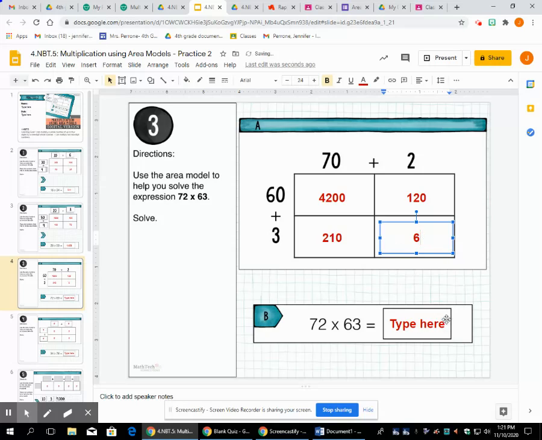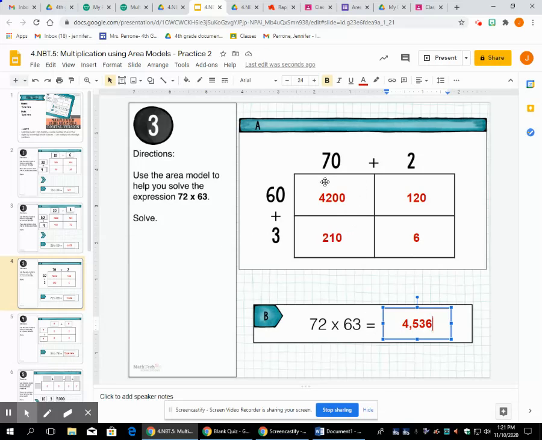The next step is to add up all 4 boxes. So I'm going to give you a chance to add up all 4 boxes and then come back for your answer. So if you add all 4 boxes, you should get 4,536.